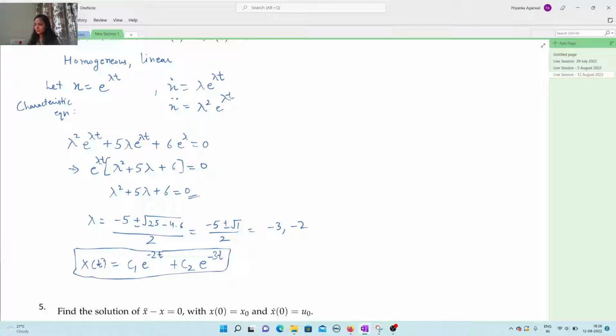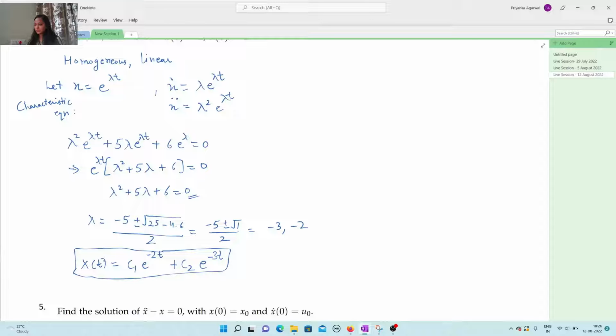Now these are the values of lambda 1 and lambda 2, so we can write it as c1 e to the power t plus c2 e to the power minus t. Right? So this is the general solution.